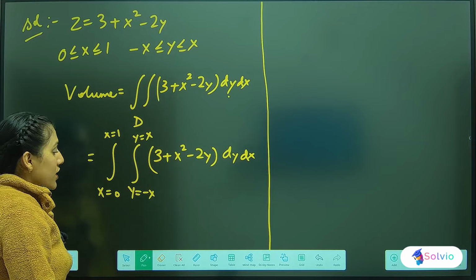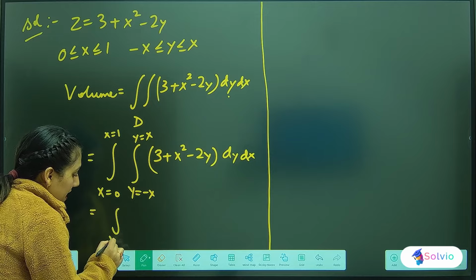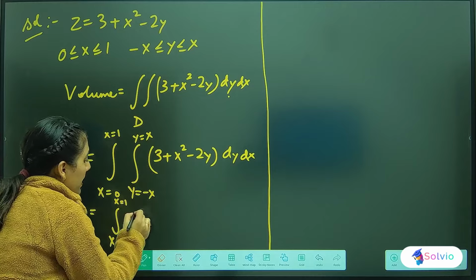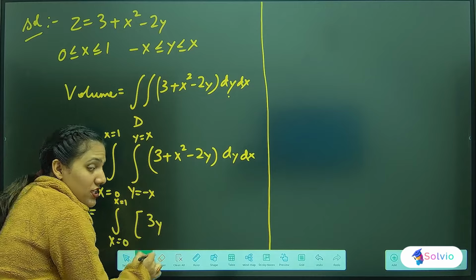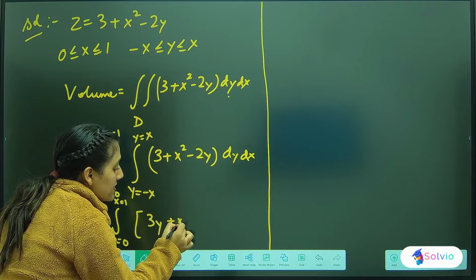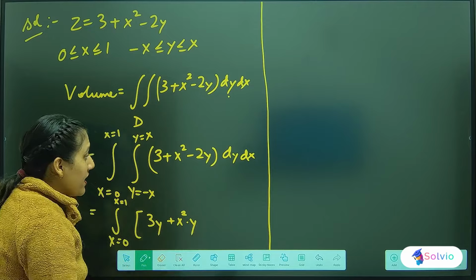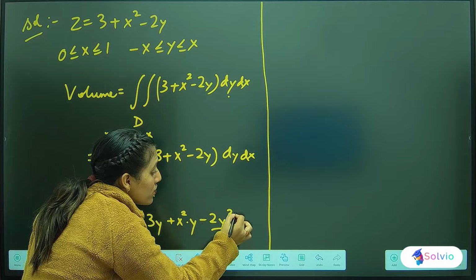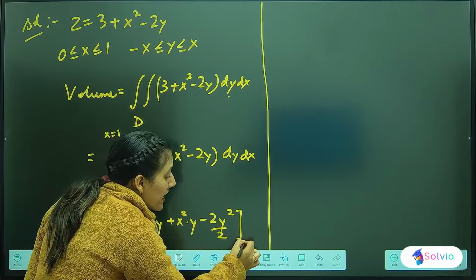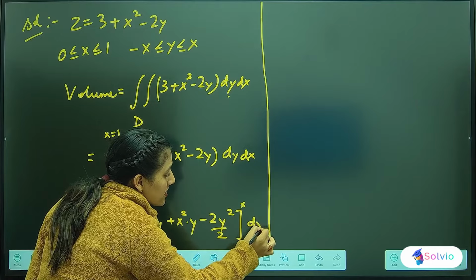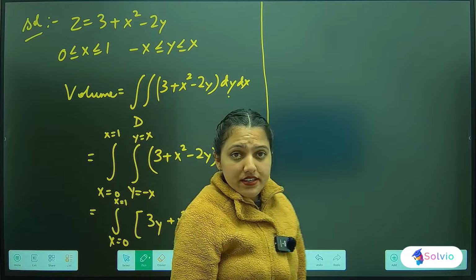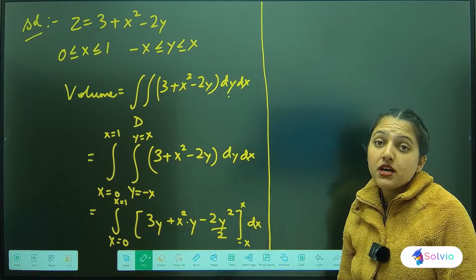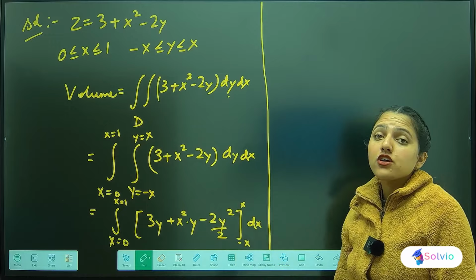So it becomes the integral for x from 0 to 1 of [3y + x^2 y - 2y^2/2] with limits from -x to x, dx. Clear? Now you put the upper limit first, minus the lower limit.